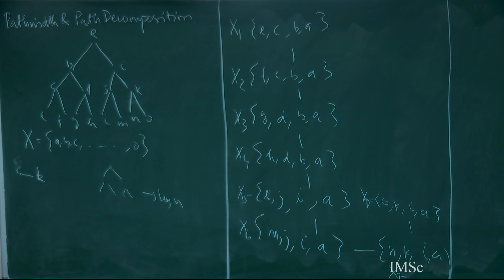So path width can be very unbounded, and our objective is to get a path decomposition of as small a width as possible, but sometimes combinatorially it is just not possible.